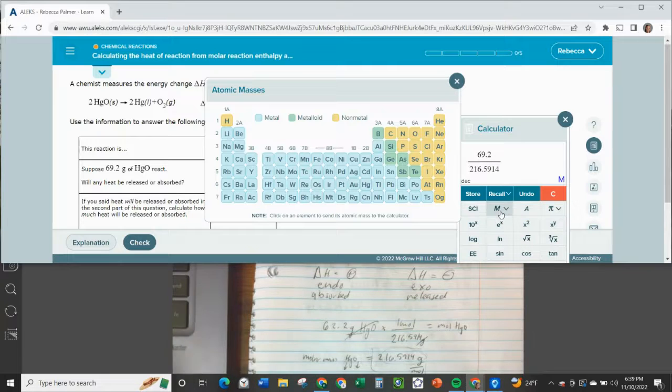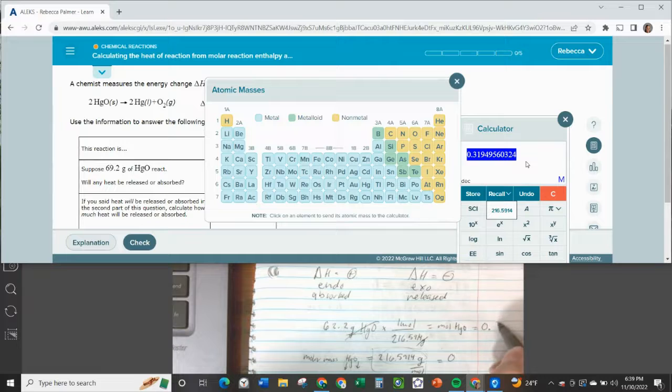There we go. That equals 0.31949 moles of mercury oxide.